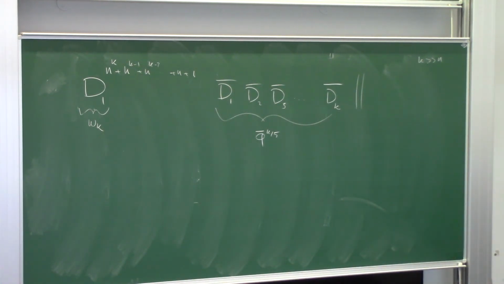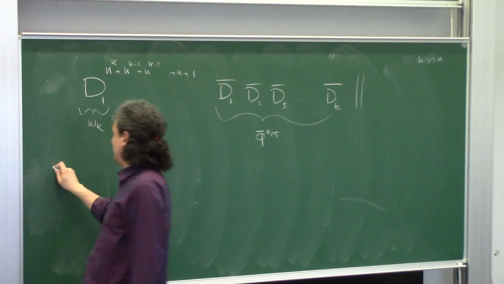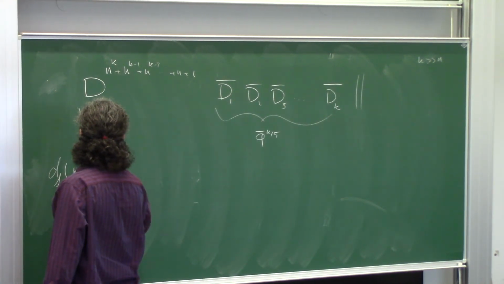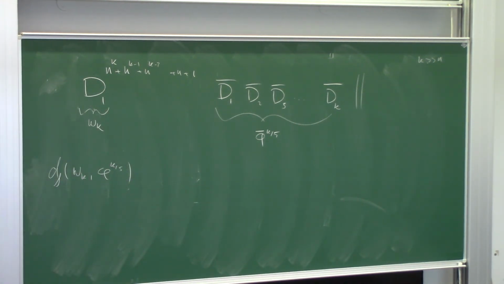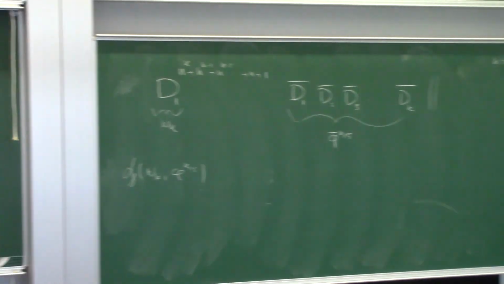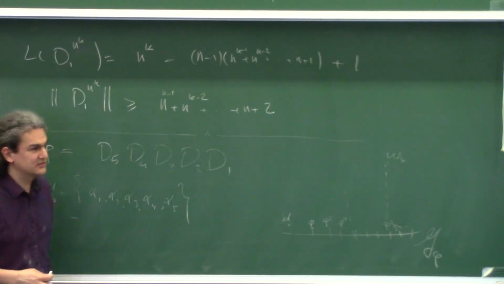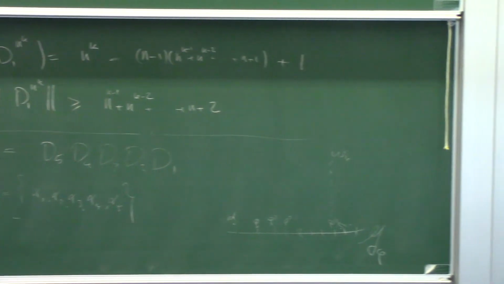The word length of this is the distance in the mapping class group in this generating set between WK and phi to the K over 5. So I want to say this WK is almost on top of phi to the K over 5. This is how it is cooked up to be.